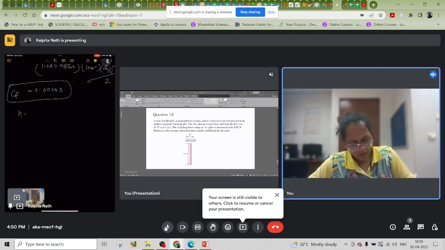The modified Reynolds analogy says that Cf h is equal to Cf by 2 into rho V Cp upon Prandtl number to the power 2 by 3.